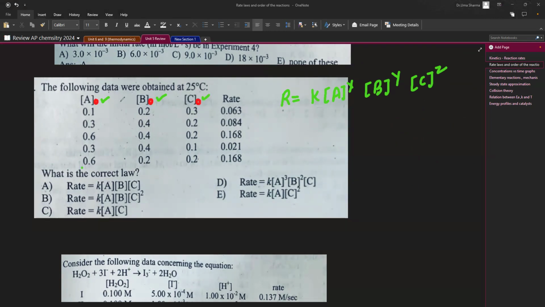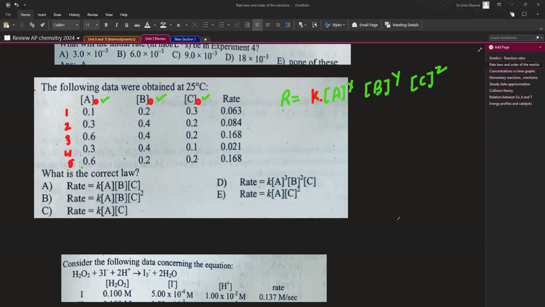Initially, when the time is 0, you have only reactants, no product, right? So at time 0, all 3 are present. So that's why they are reactants. They are the part of my rate law. Work out the answer. You can mark it as experiment 1, 2, 3, 4, 5.